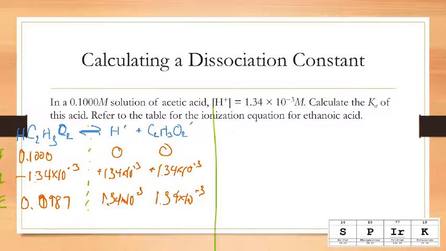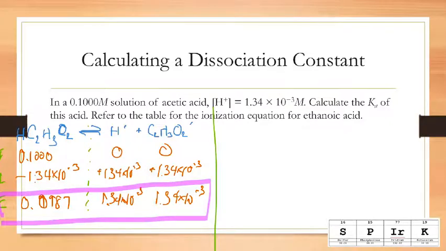So let's draw our line and keep going. Now we have our equilibrium concentrations of each of our pieces of information, so that's what we're going to use here.